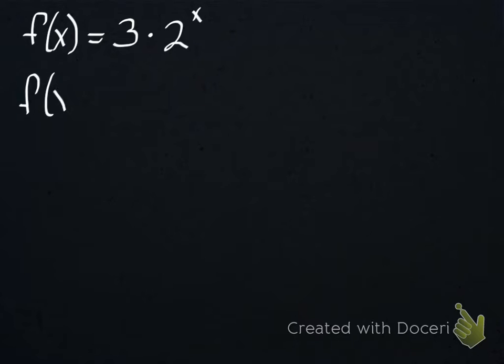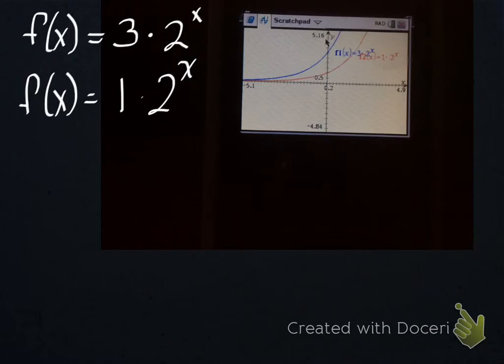So our first set we're going to look at is f of x equals 3 times 2 to the x, and f of x equals 1 times 2 to the x. And look and see what's different between those two graphs. Assuming that you have got this graphed, what things are different?